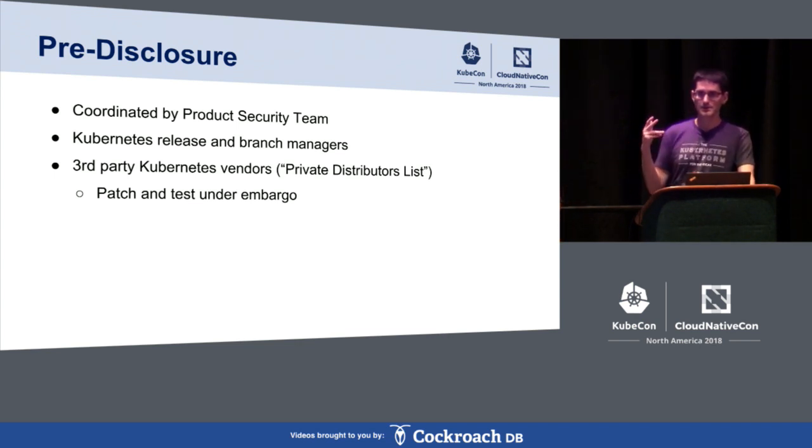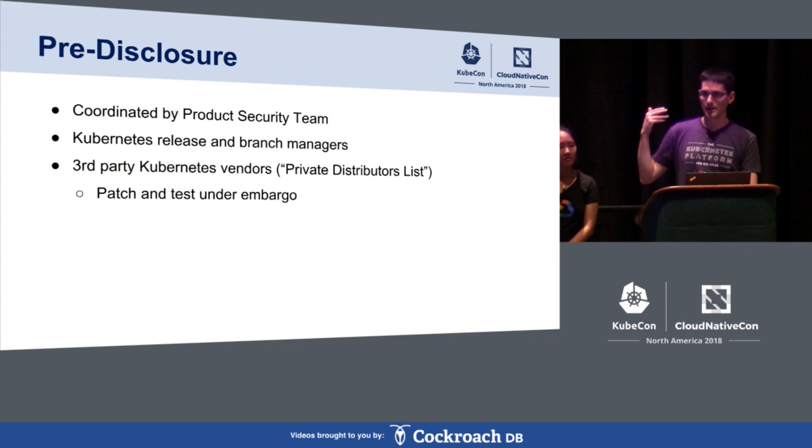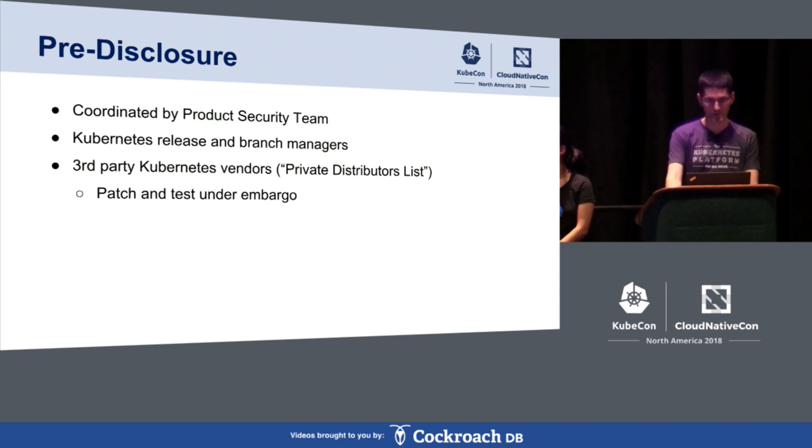These distributors and vendors, they get the fix and the issue before it's publicly released under embargo, so they can prepare the fix, they can patch their products, and they can publish the fix after the embargo is lifted. So all their products are safe when the issue is public.